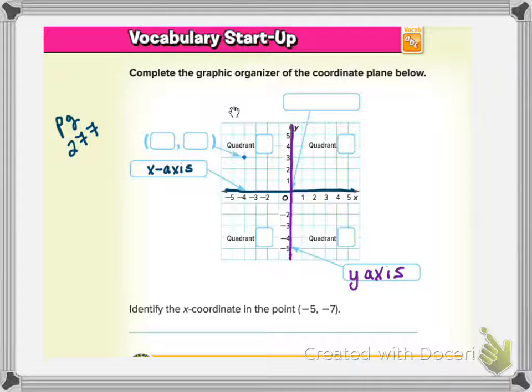And those axes divide the graph into quadrants, or four quadrants, and we number them from the upper right. So quadrant 1 is in the upper right, and then quadrant 2, we use Roman numerals, and then quadrant 3 in the lower left, and then the lower right, quadrant 4.